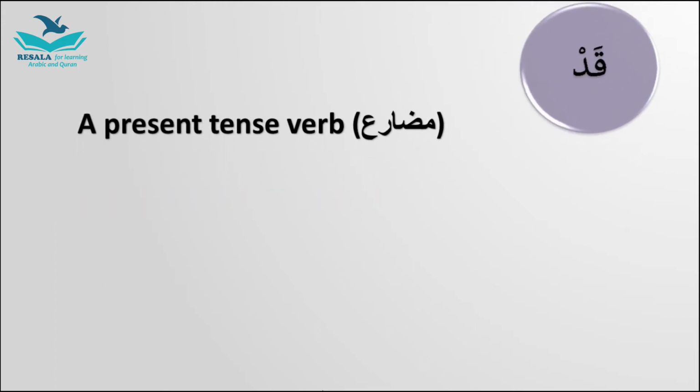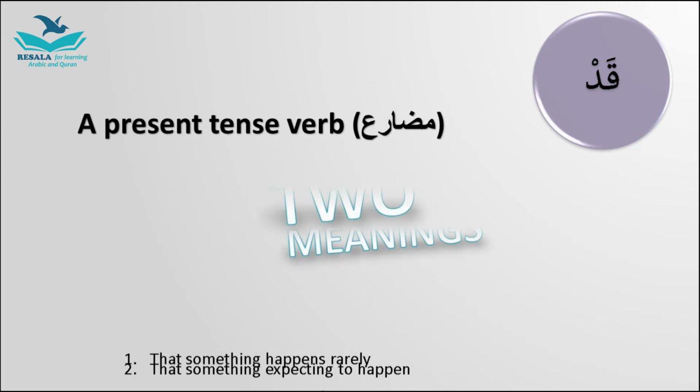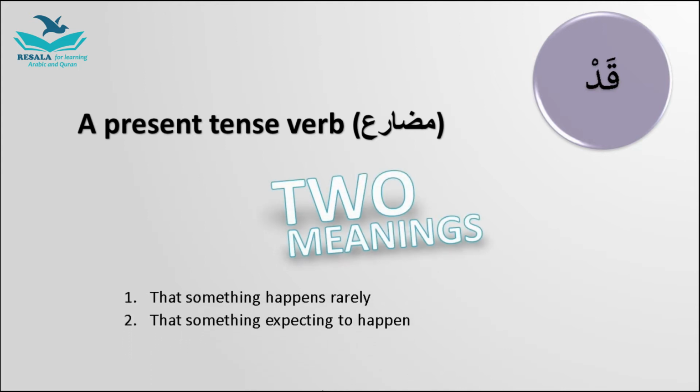Qad and the present verb. Just as with the past tense, when قد comes before the present tense verb, it can give two meanings. The first one is that something happens rarely. The second one is that something is expected to happen.